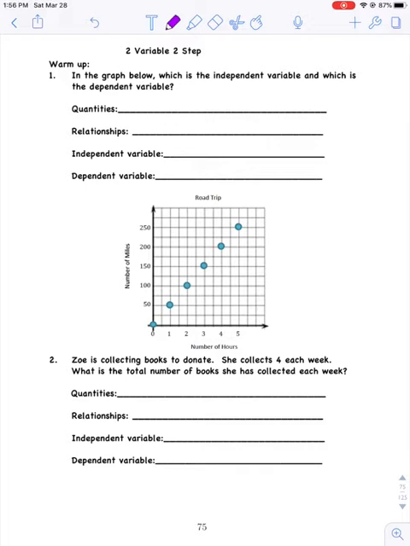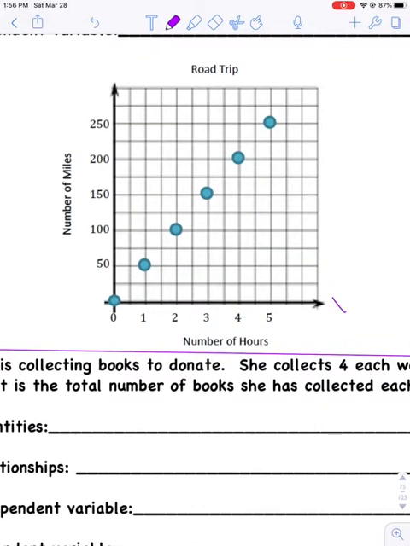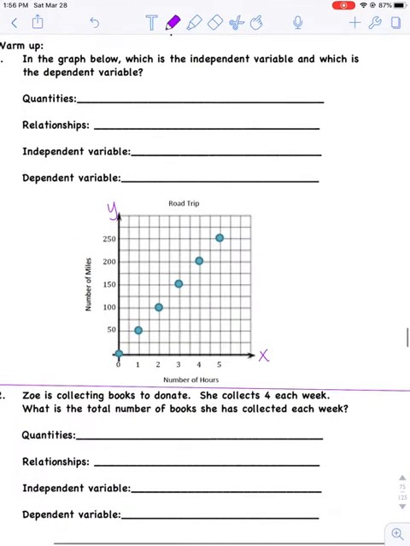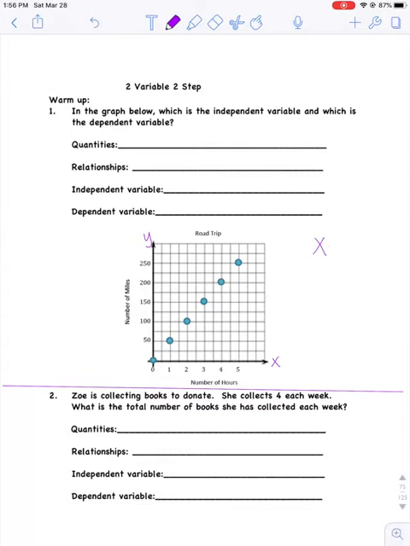So problem 1 says in the graph below, which is the independent variable and which is the dependent variable. So we're looking at this top half of the page. Think about what you've learned in science class. This is the x-axis and this is the y-axis.